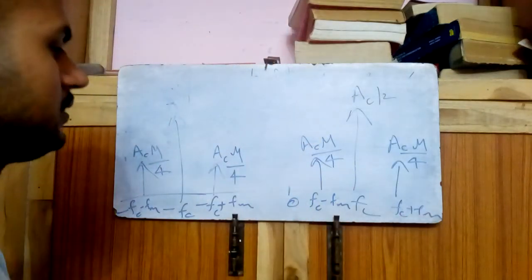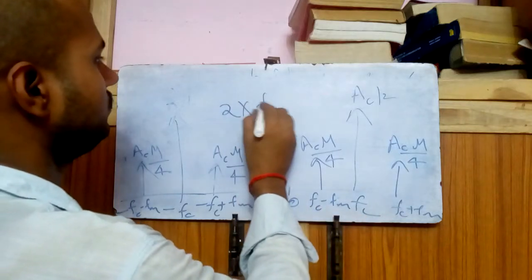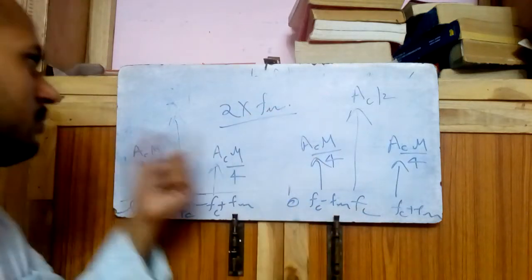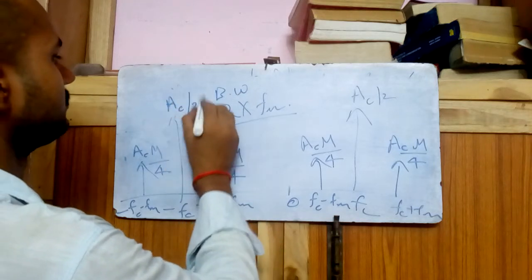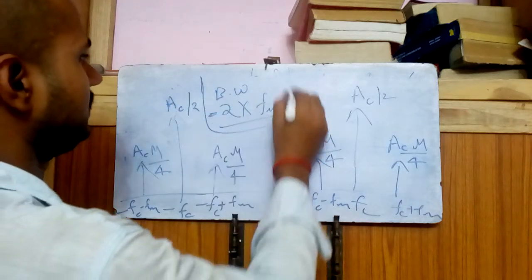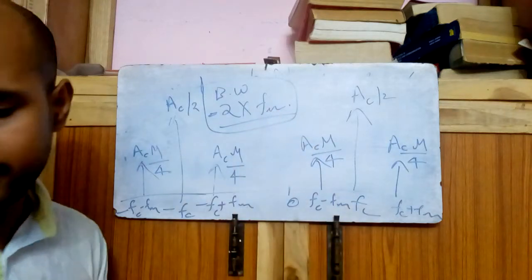What will be the bandwidth? Bandwidth will be upper frequency minus lower frequency, 2 into fm, where fm is the frequency of the message.